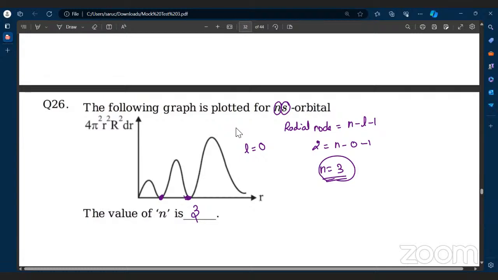The topic is haloalkanes and haloarenes, so go through haloalkanes and haloarenes. Tomorrow we'll discuss the questions on it.